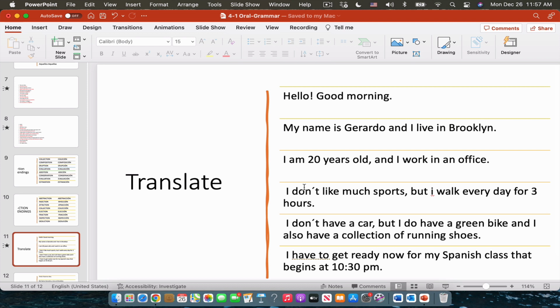I am 20 years old and I work in an office. Yo tengo 20 años y yo trabajo en una oficina. Remember that I am in Spanish is I have, deber tener. Yo tengo 20 años.